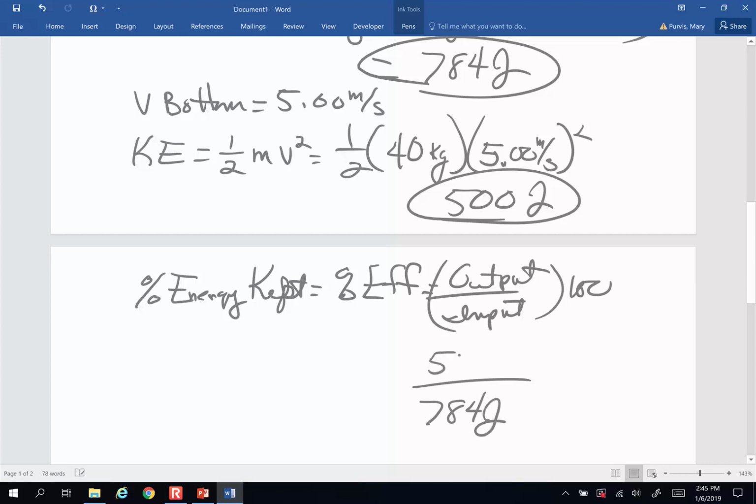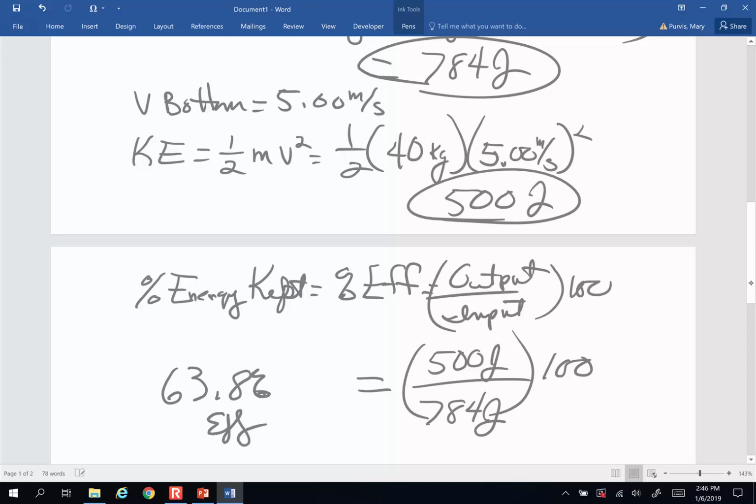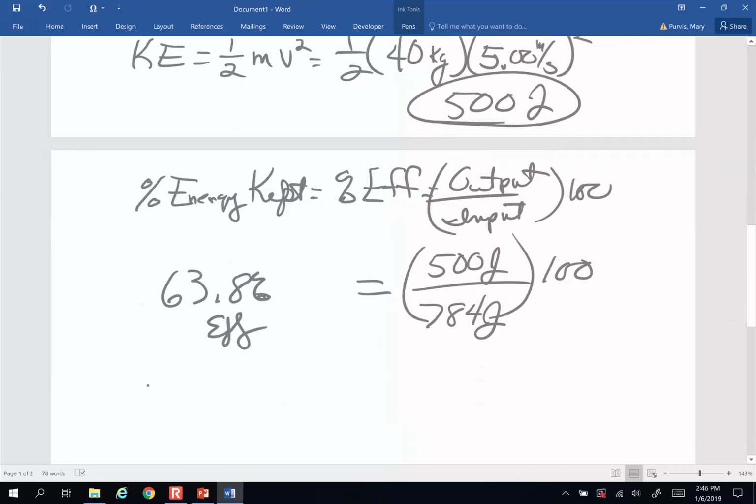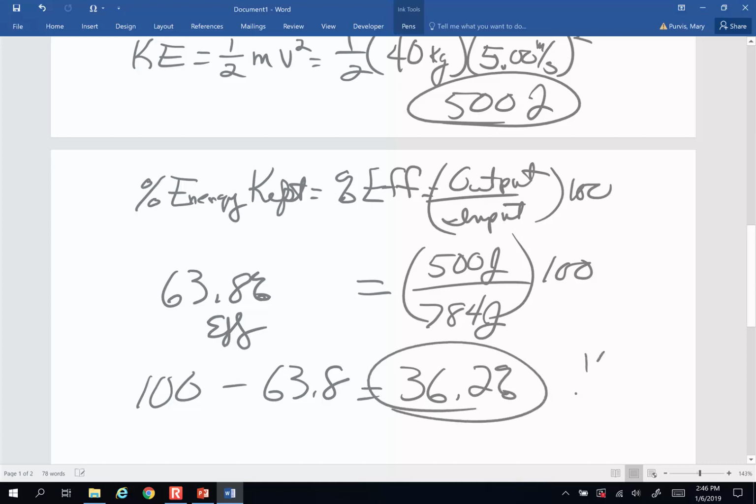At the bottom, there were 500 joules left. Times 100, what that means is my slide was 63.8% efficient. So if I want to know how much energy is actually lost, if I take 100 minus 63.8, that means 36.2, or over 1/3 the energy, is lost.